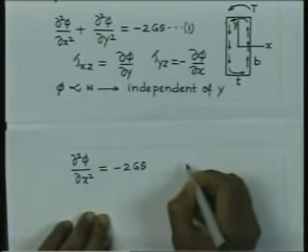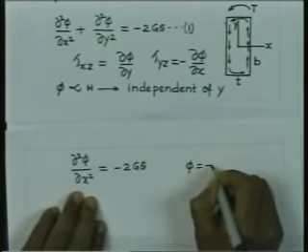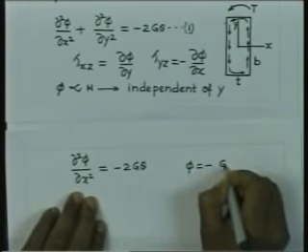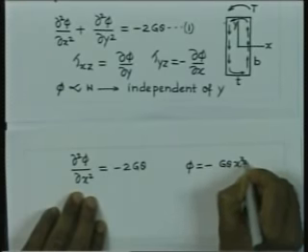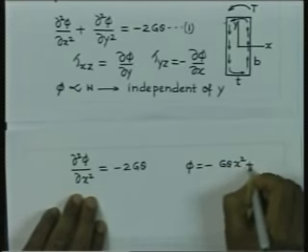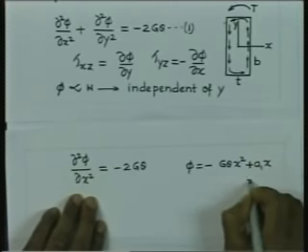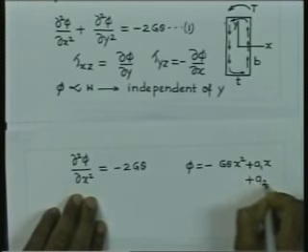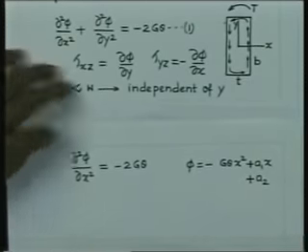So, we can now write phi is equal to minus g theta x square plus some constant a1 x plus another constant a2. That is the form of phi.